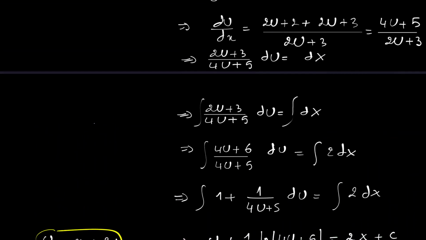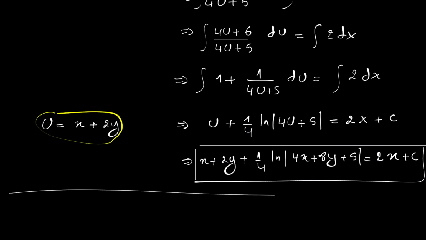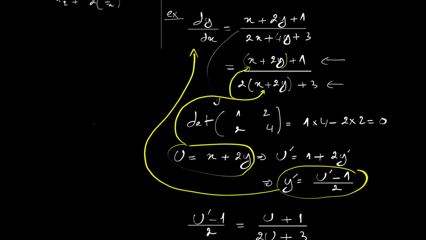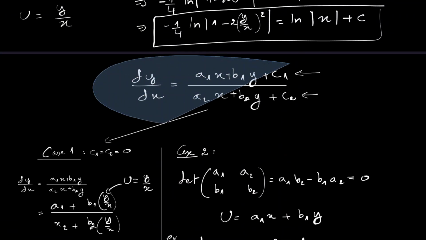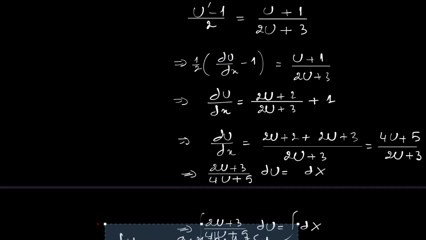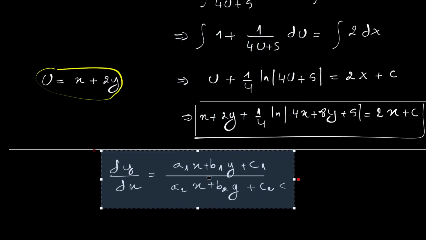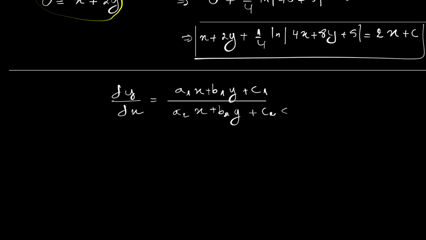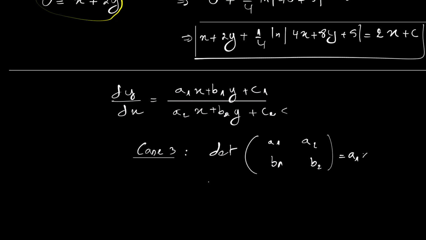Now let's move to another case. We talk about this form of equations. The case number 3 is when the determinant of this matrix is not equal to 0, which means that the lines are not parallel.